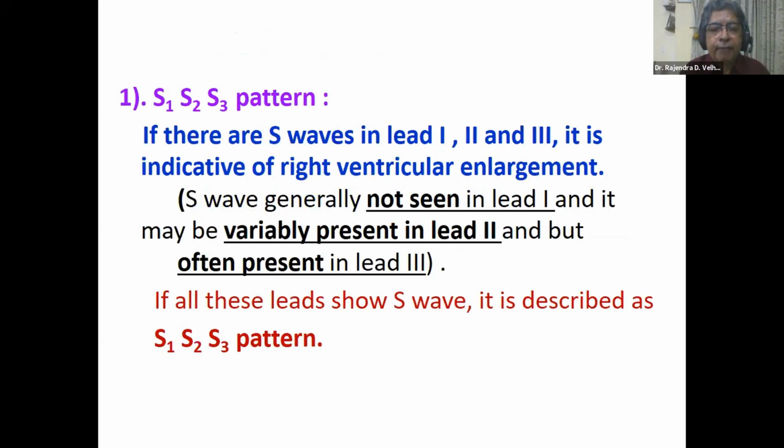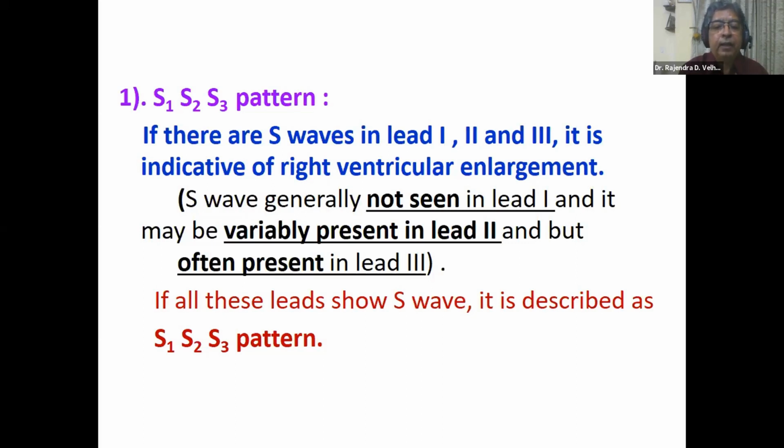If there are S waves in lead 1, lead 2, and lead 3, it's an indication of right ventricular enlargement. Why? Because an S wave generally is not seen in lead 1. It may be variably present in lead 2 and often present in lead 3.